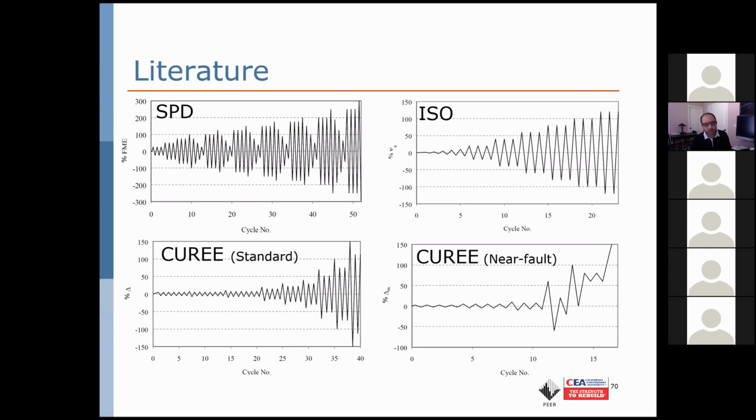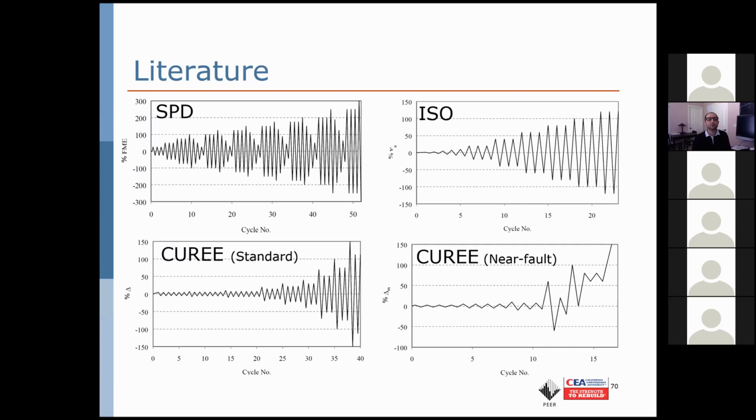All of these we looked at. What you see on the screen right now are the loading protocols that existed, and from top to bottom is the transition in time. The SPD, or the Sequential Phase Displacement project, happened at UCI a very long time ago. If you look at this loading protocol, it has a lot of cycles.